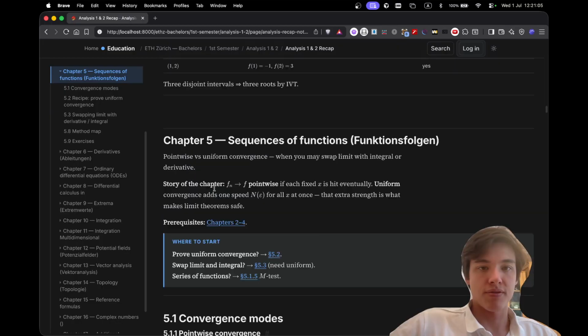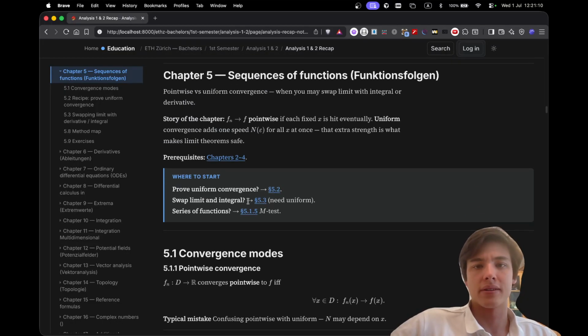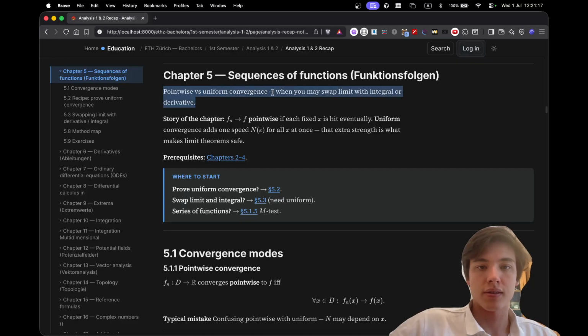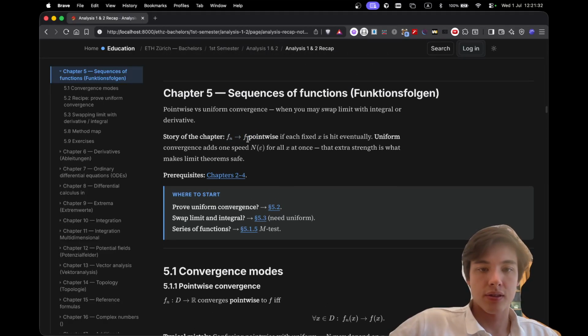Let's head to chapter 5. Actually, I'll start to move faster because it's all boring stuff, more or less. Sequences of functions, pointwise and uniform convergence. So now we look at functions that form a sequence. fn goes towards f pointwise if each fixed x is hit eventually.